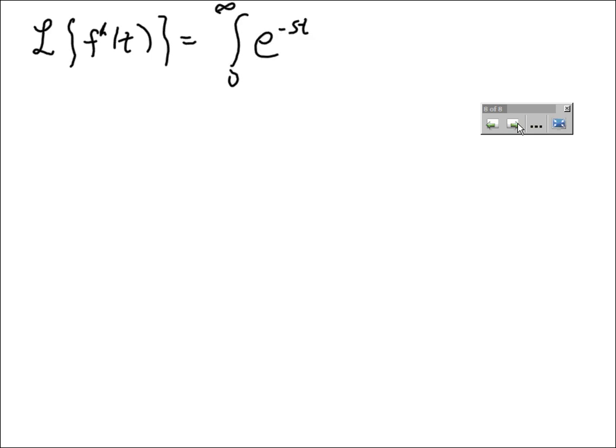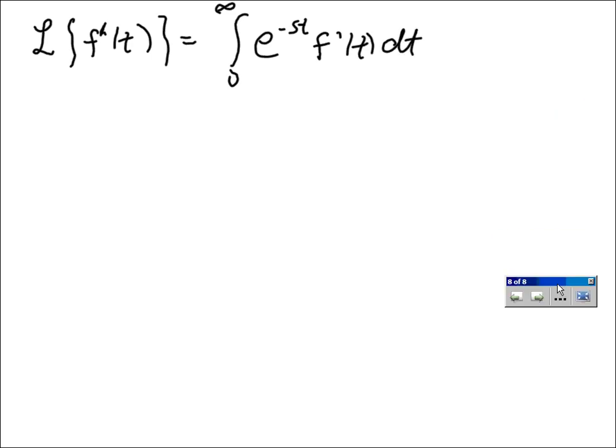Now we're going to talk about taking the Laplace transform of derivatives. L of f prime of t, well, this is the integral from 0 to infinity of e to the negative st times f prime of t dt.